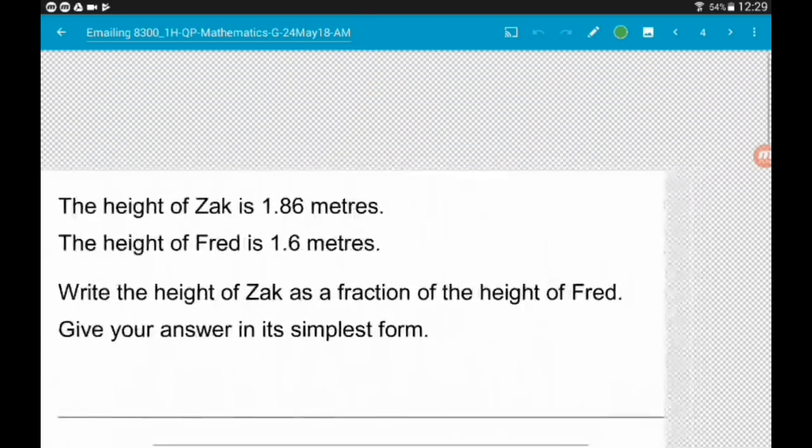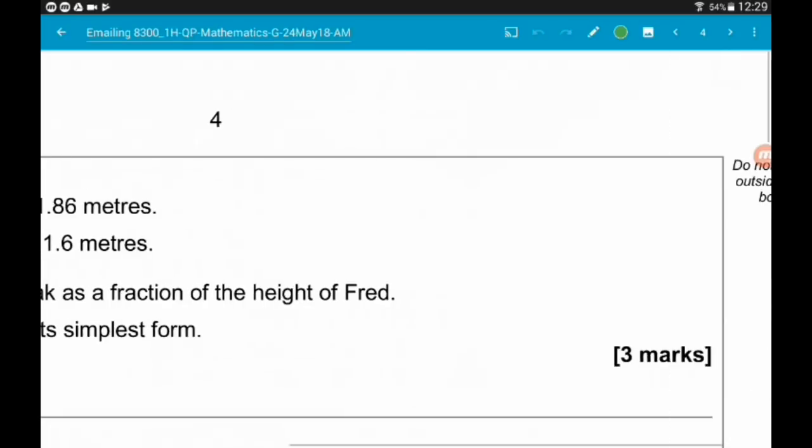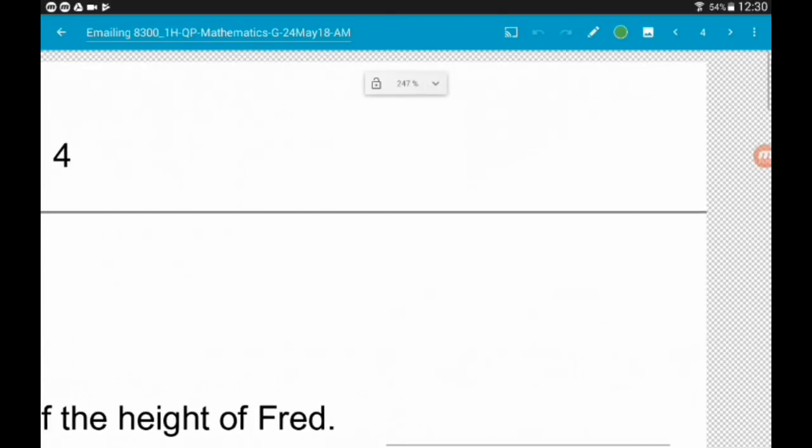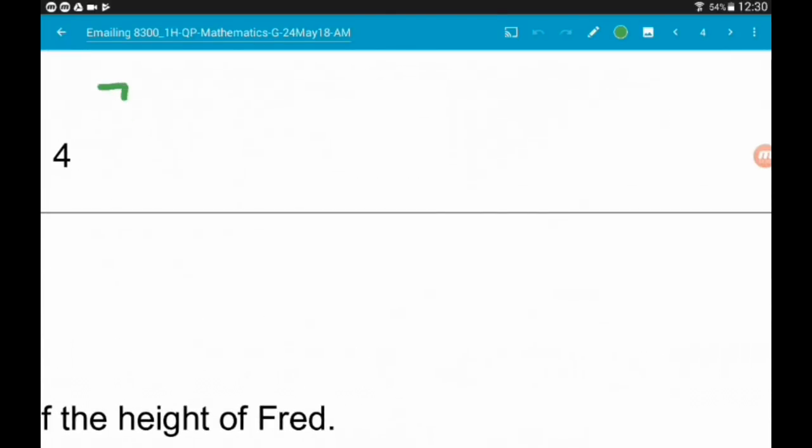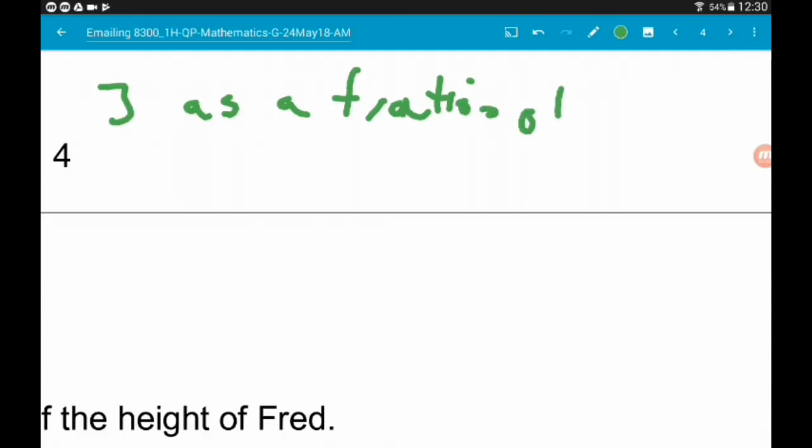So, a little aside, first of all, if we wanted 3 as a fraction of 7, it would be 3 out of 7.